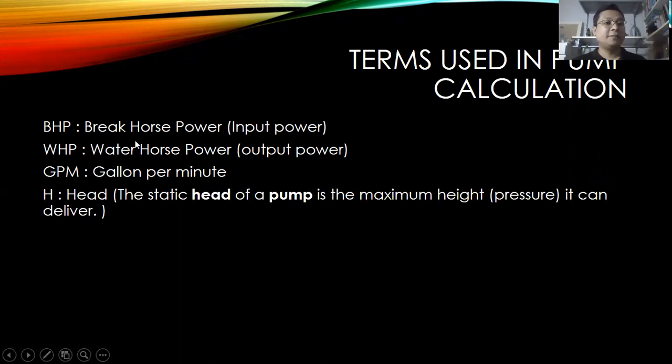We have BHP, brake horse power, as input, and then WHP, water horse power, as output, and then GPM, gallons per minute, and H is the head, meaning the static head of the pump is the maximum high pressure it can deliver. So we can use these terms in the calculation of the pump. Actually, this calculation is already learned in depth in fluid mechanics.